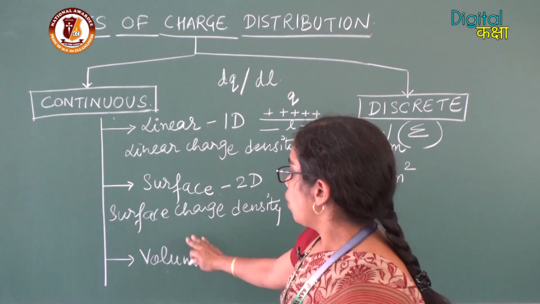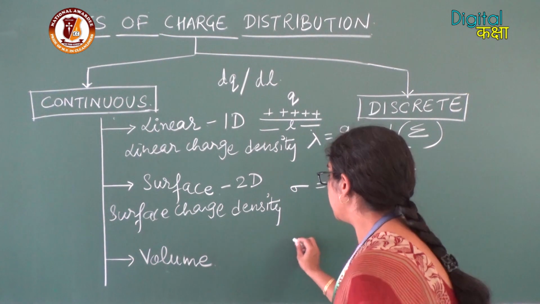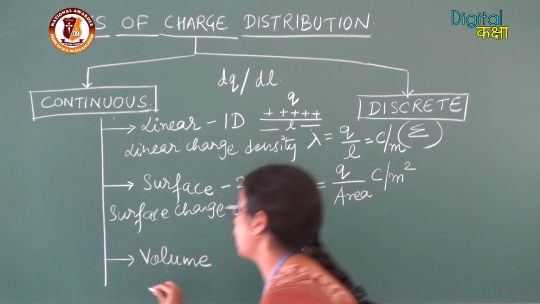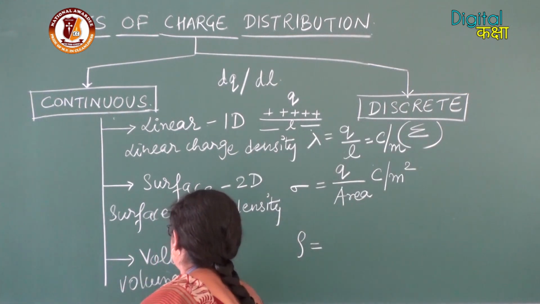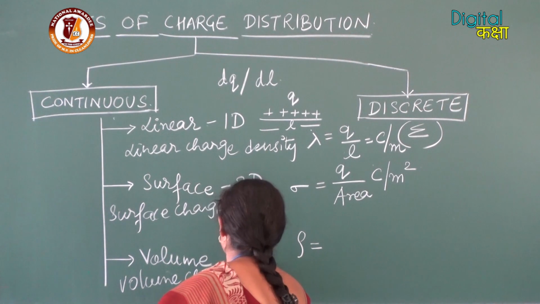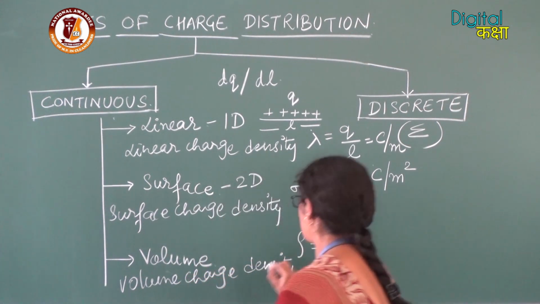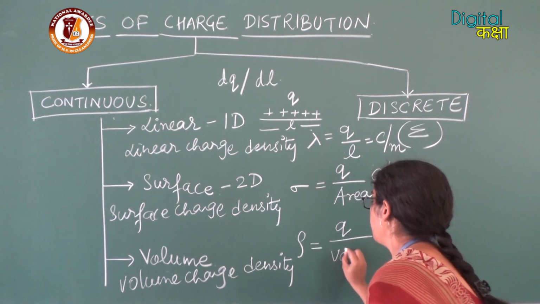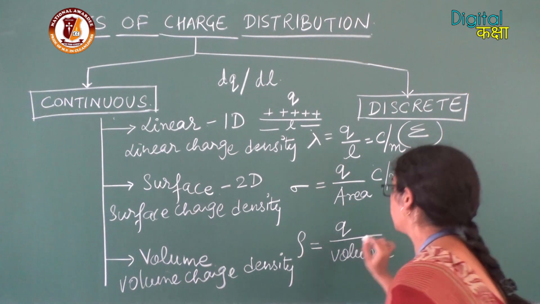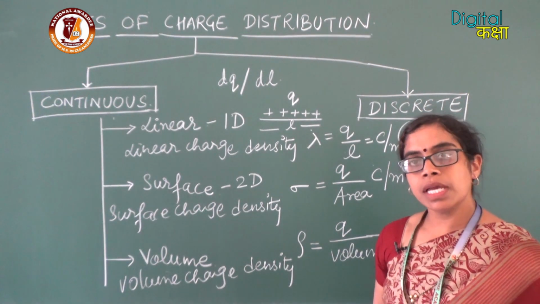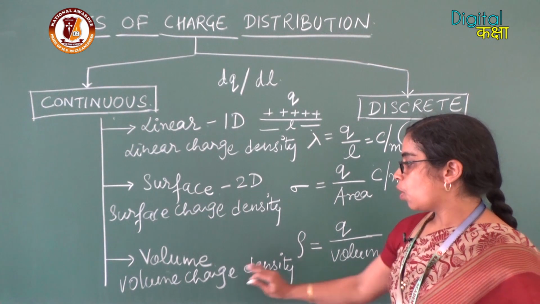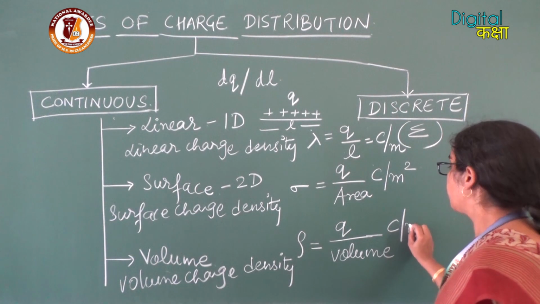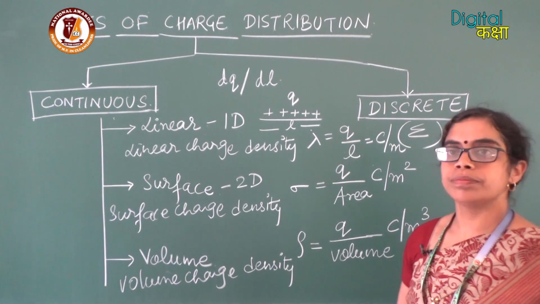The value for this charge distribution is represented by rho and is called the volume charge density. This volume charge density is defined as the charge per unit volume of that object. The SI unit for rho is coulomb per meter cube.